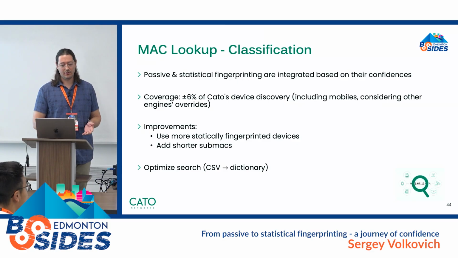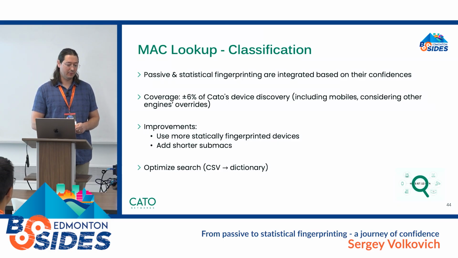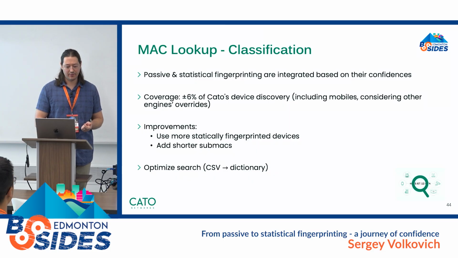How well does this work? In Keto, about 6% of all of our discovered devices originate from statistical fingerprinting. And here I include mobile devices, and I also take into account that other classification engines can override these conclusions.